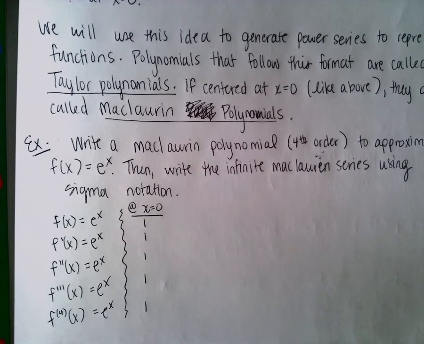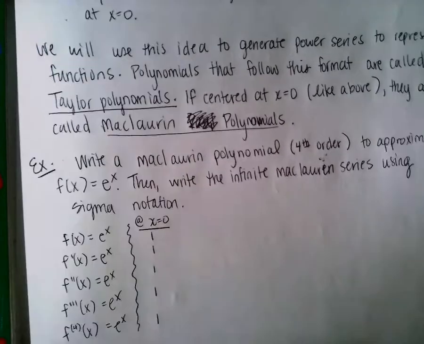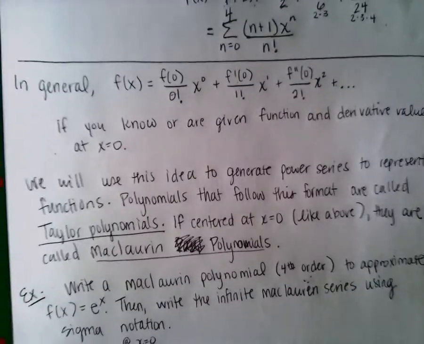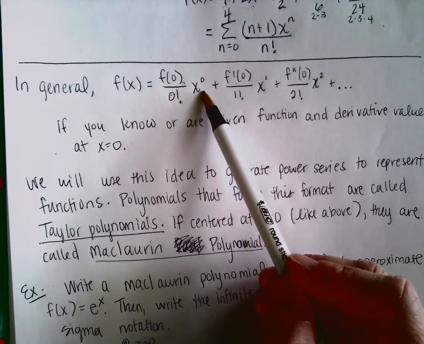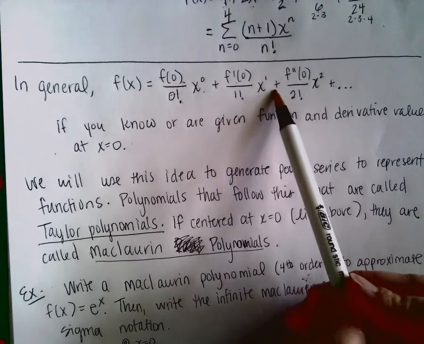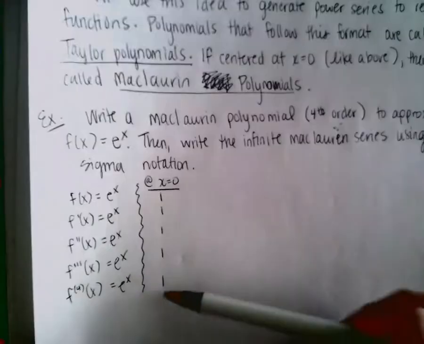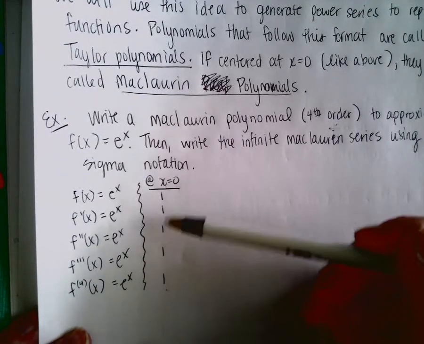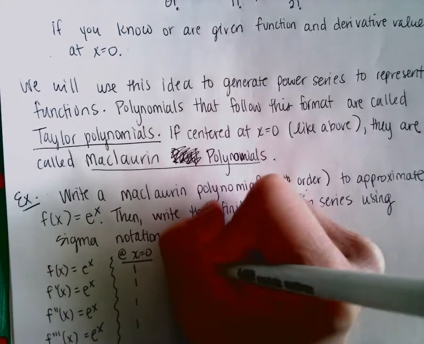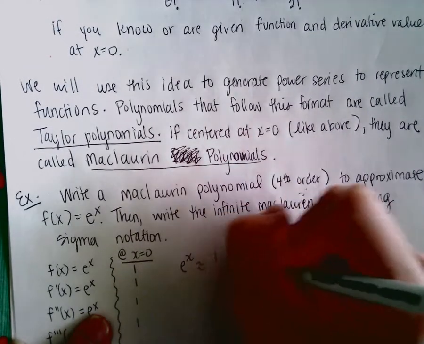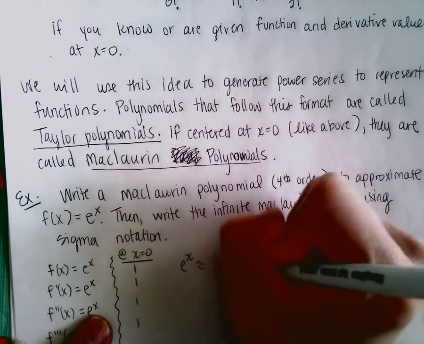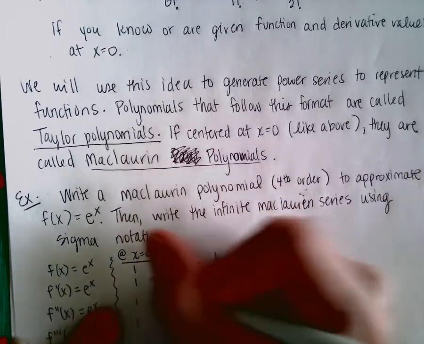And what we're going to do is follow this pattern that I wrote up above. So we take f of 0 over 0 factorial times x to the 0 plus f prime of 0 over 1 factorial times x to the first. Okay? So we're going to say e to the x is approximately equal to 1 over 0 factorial times x to the 0 plus, sorry, that's not the derivative at all.